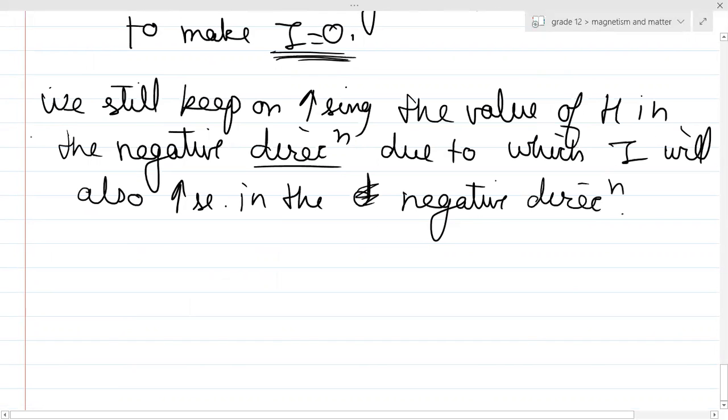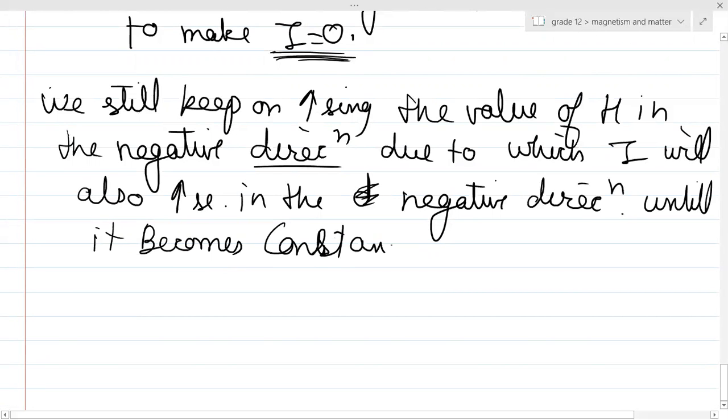You keep on increasing H in the negative direction, I will also start increasing in the negative direction. All the dipoles start arranging in the direction of this negative H. So even I becomes negative, right? Until it becomes constant at point D. At point D, again, this D point is also a saturation point, but it is the negative saturation point.